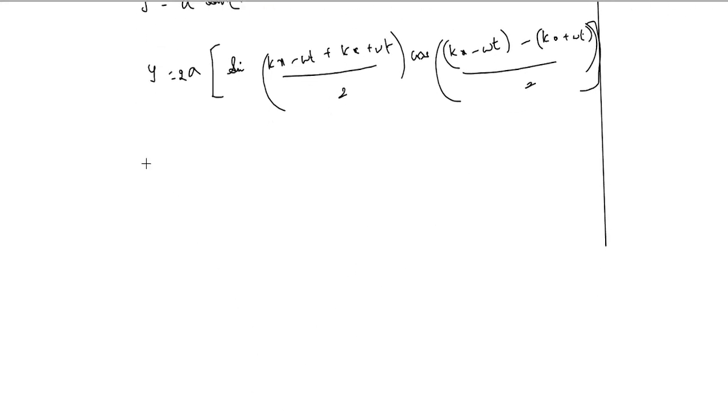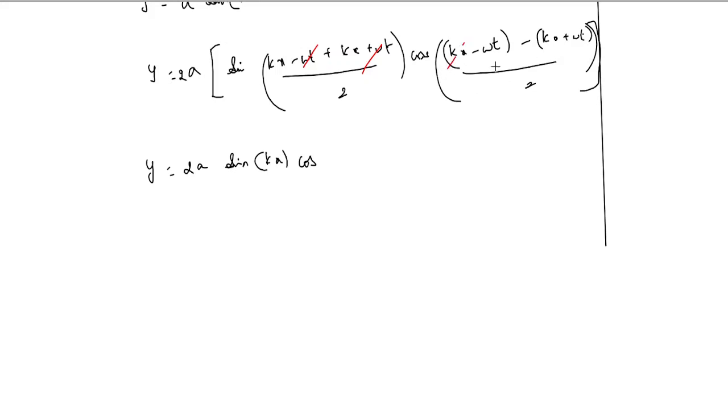And if we solve this further, y is equal to 2a into sin of, from here this gets cancelled. What remains is 2 times kx by 2, which becomes just k into x, because the 2 cancels, into cos of, if we open the bracket here, kx minus omega t minus kx minus omega t.